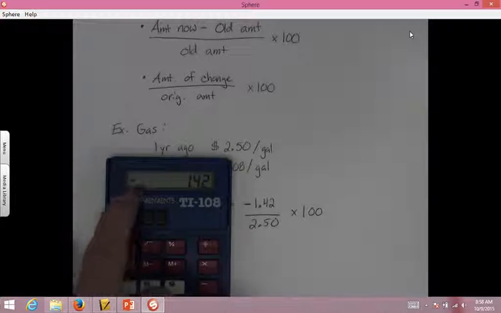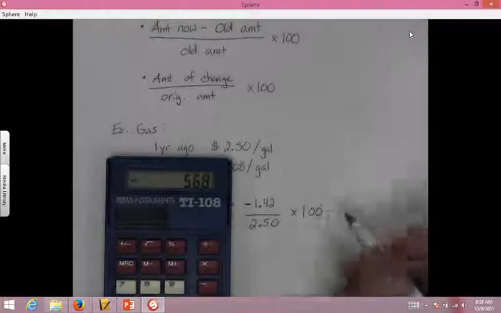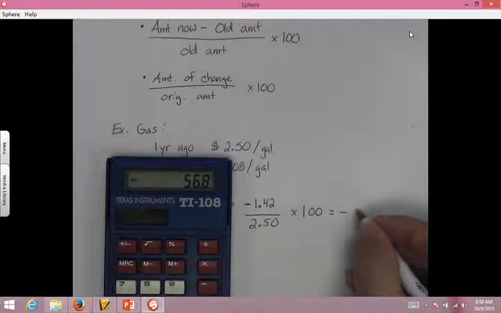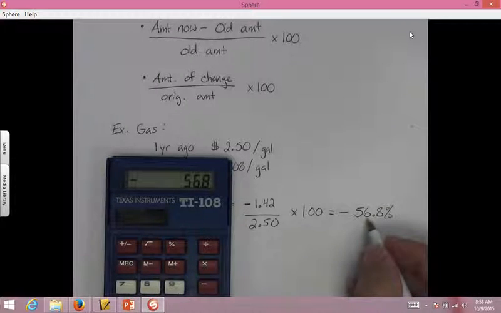Once you see that you have the number entered in and it's negative, now we're going to divide by the 250. And to make this decimal into a percent, we multiply by 100. And the answer that we get is negative 56.8%. Because this is negative, we know this is a 56.8% decrease in price.